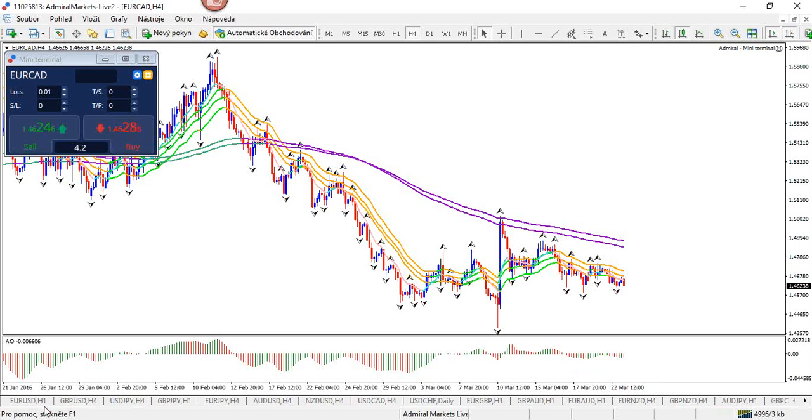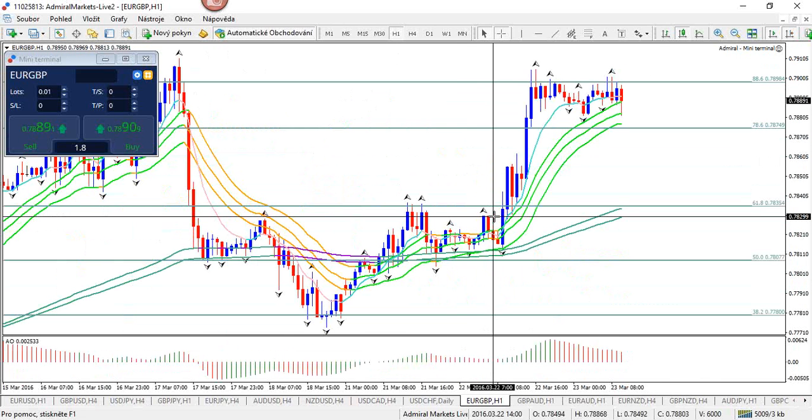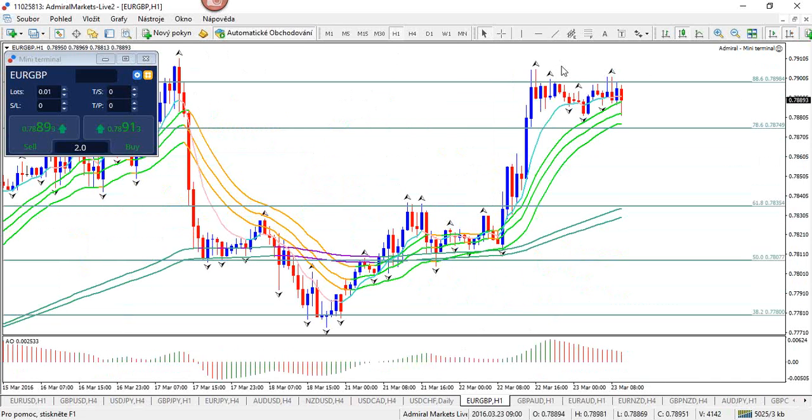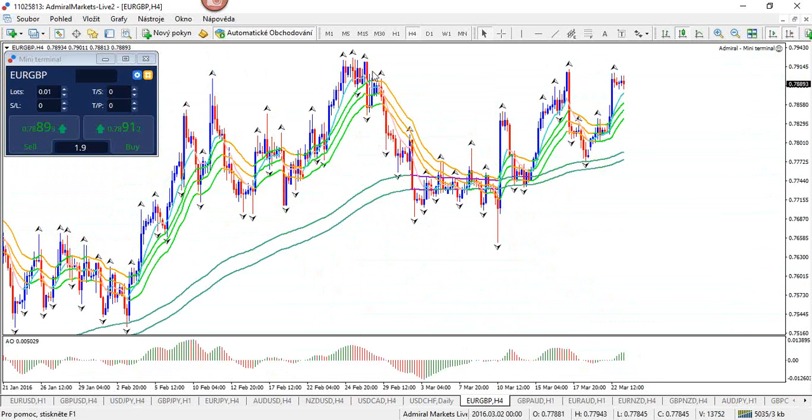Euro Pound, we talked about it yesterday and said that upside seems likely, considering the moving averages, and we broke above these fractals and got a bit of a push up, right? So that happened. Now price is back at resistance, but the trend is up.